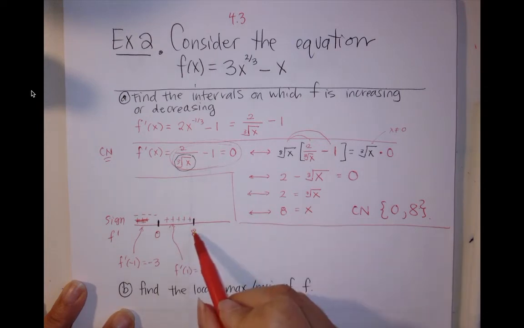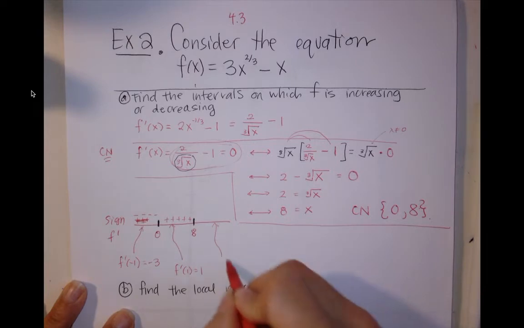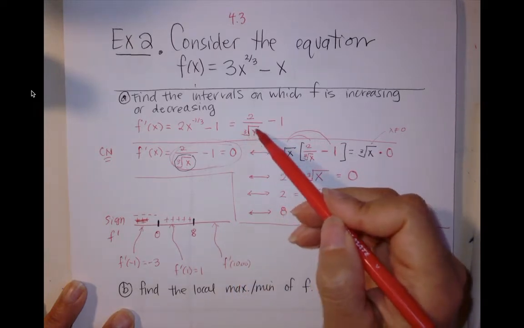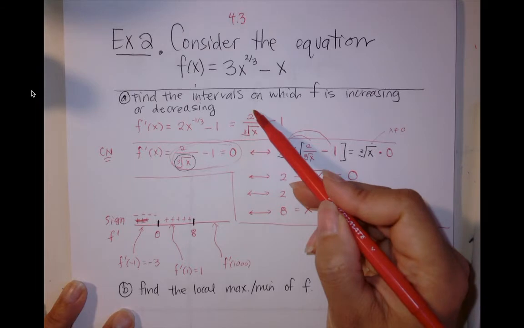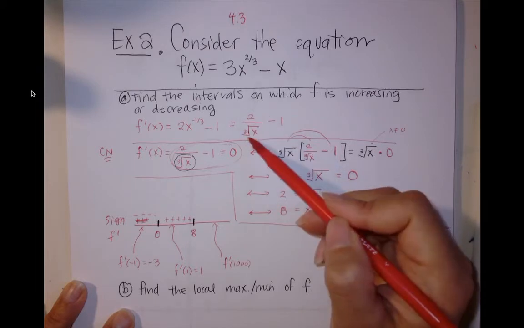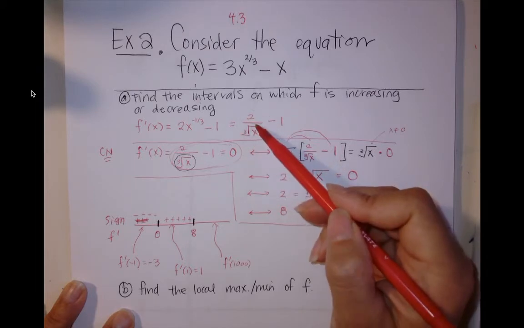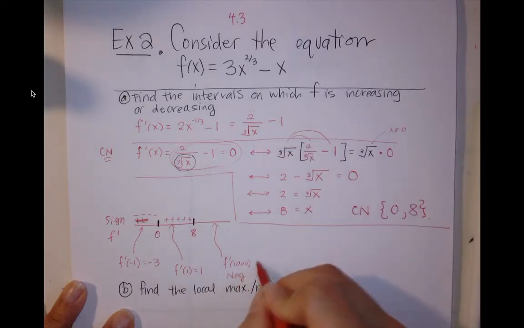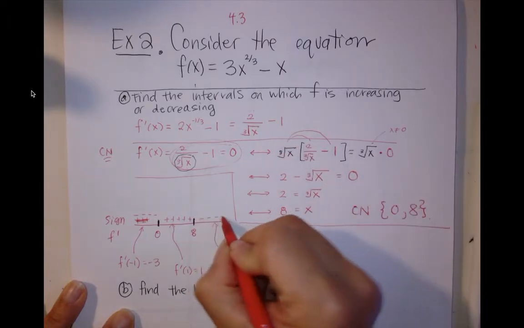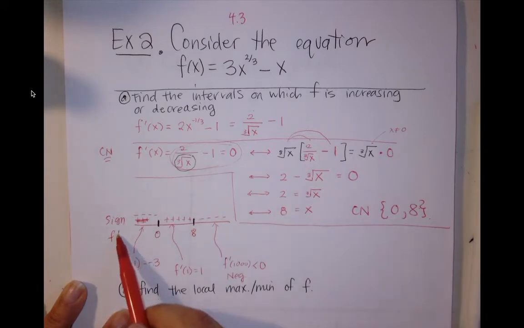Next, I'm going to take, let's say, 1,000. F prime of 1,000. Clearly, if x is 1,000, this number is going to be much greater than 2. So that 2 divided by this number will be less than 1. So a number less than 1 minus 1 is going to be negative. Okay, so this is the sign of f prime.